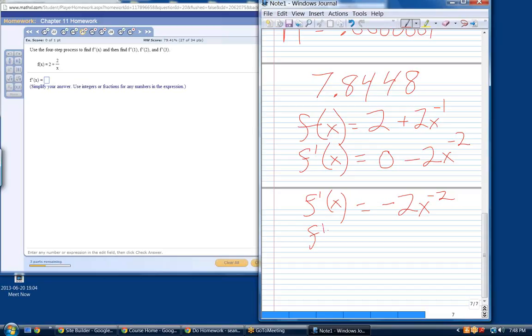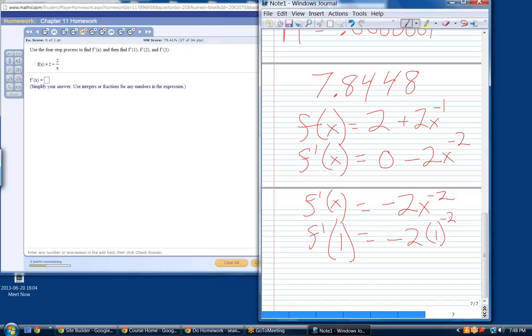So now just plugging in to get our answers. What is f prime of 1? I'm going to plug in 1, so I have minus 2 times 1 to the negative 2.